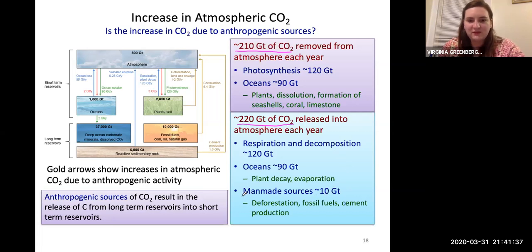So these man-made sources contribute 10 gigatons of carbon dioxide into the atmosphere every year. It's this change that is increasing the amount of infrared light absorbed by the atmosphere, which increases the energy stored in our planet and increases our average global temperature.